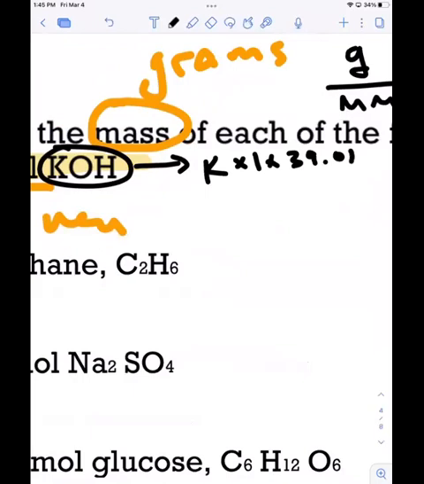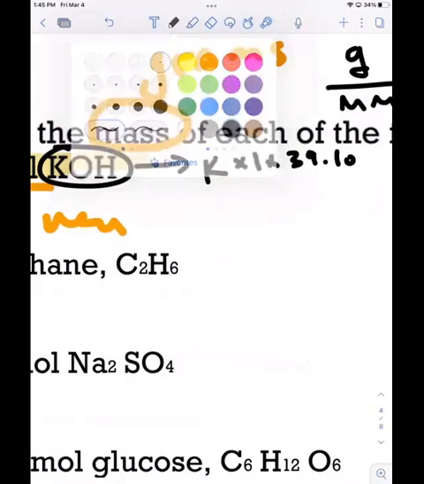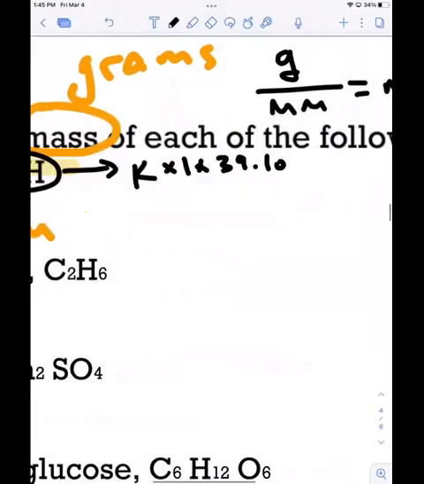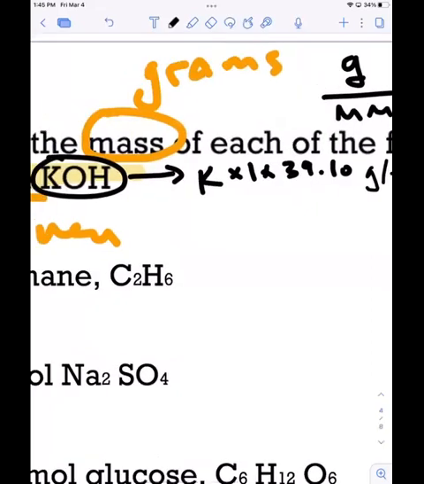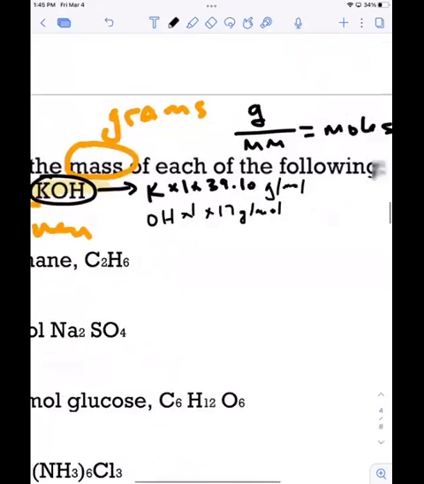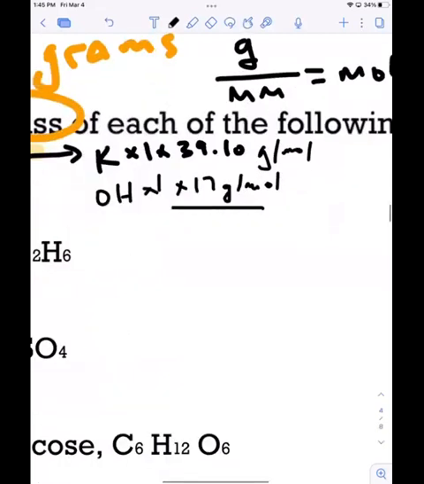Or 39.10, my bad. And this is grams per mole. And then the OH, let's just leave that together. Right, so now we can figure out the molar mass of KOH is 56.10.